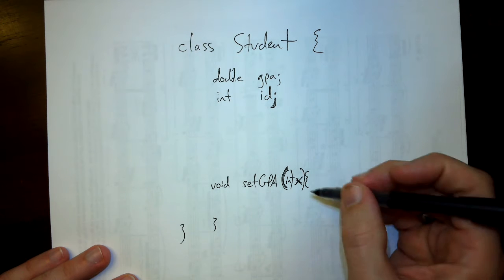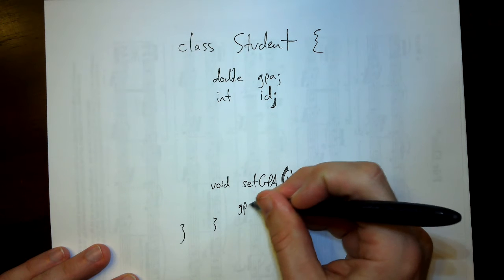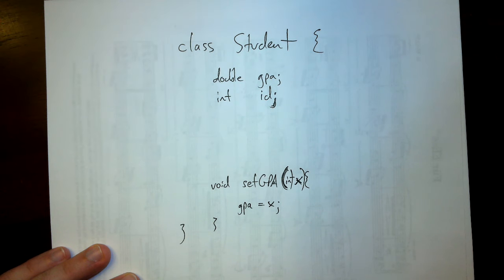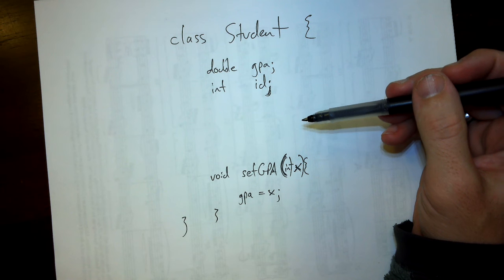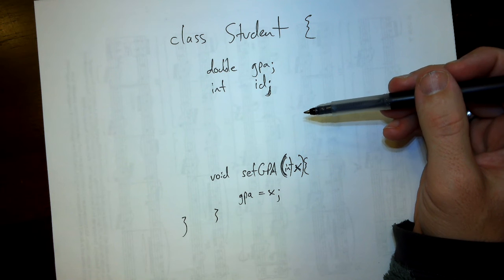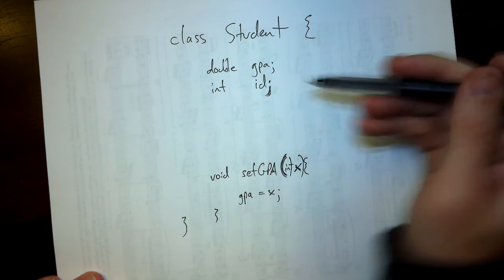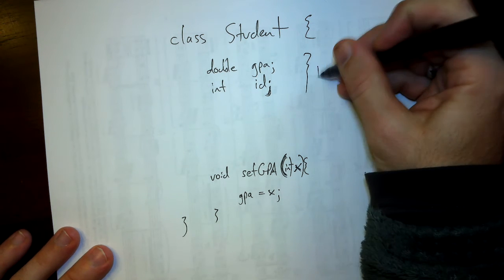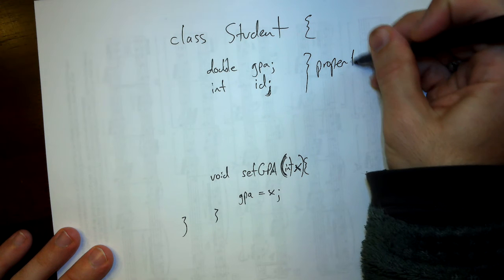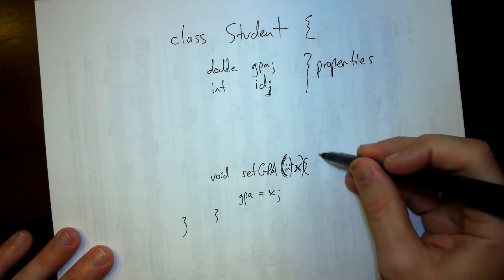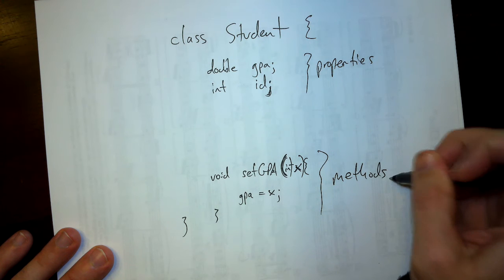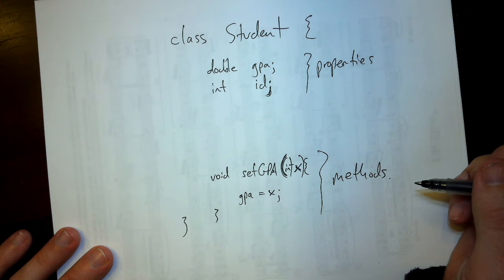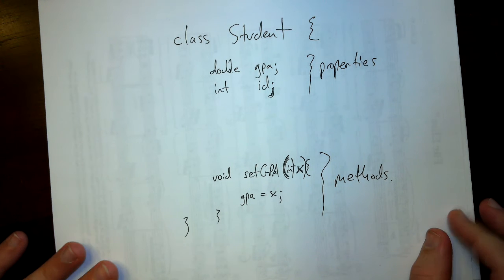Don't worry too much about the syntax here. I'm just trying to get across the point that there are two parts to each class. There are the properties, and there are methods. Okay.